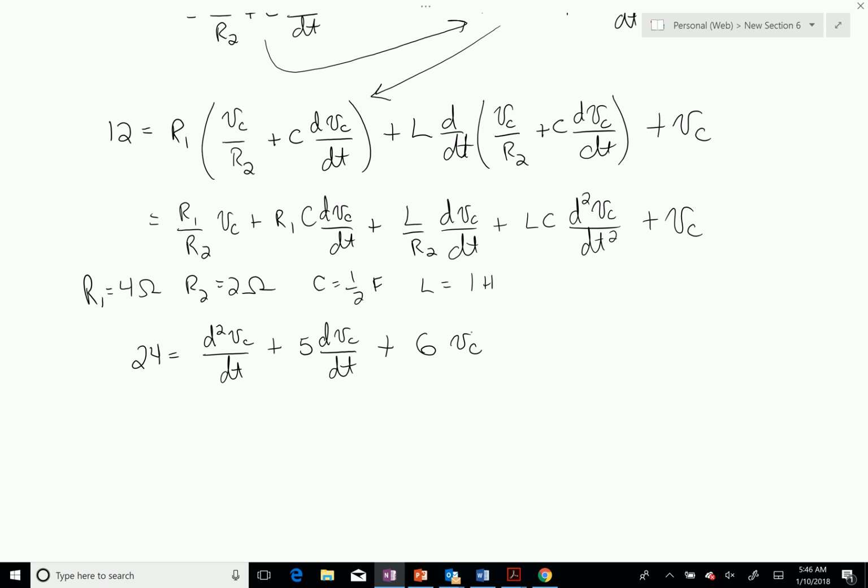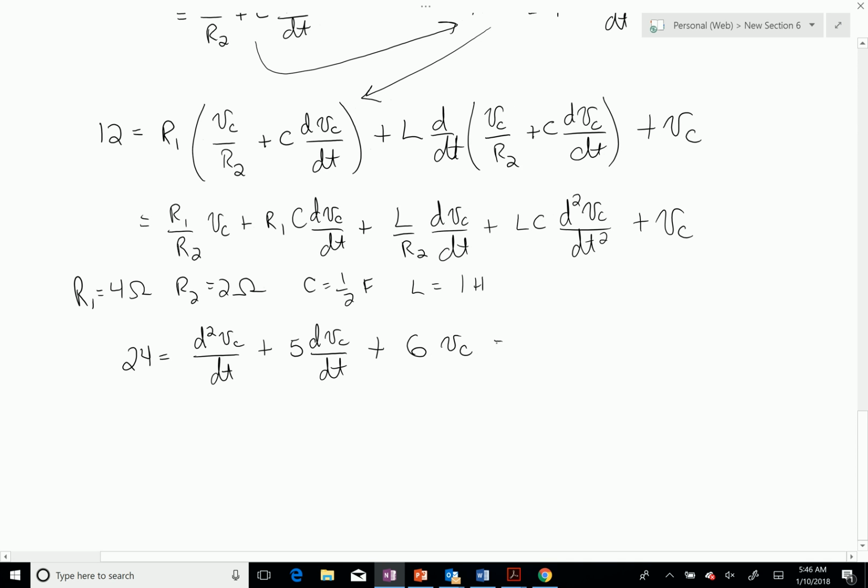One thing to note is I put this into that standard form, which is d squared vc dt squared plus 2 zeta omega naught dvc dt plus omega naught squared v sub c.